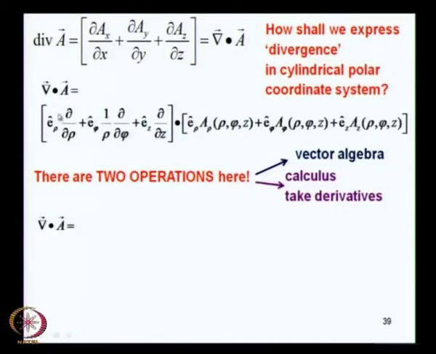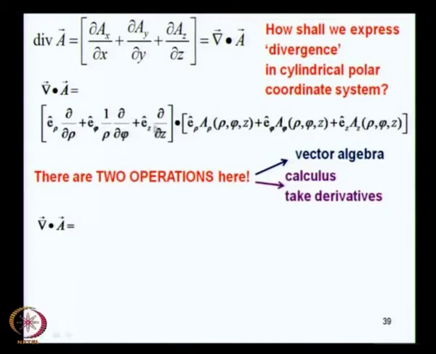So, whenever you take derivatives, and this is where you take the derivatives, the derivative with respect to rho is not just a derivative, but a partial derivative, which means that when you take the derivative with respect to rho, you hold the other two coordinates phi and z constant. You take the derivative with respect to phi over here, holding rho and z constant.